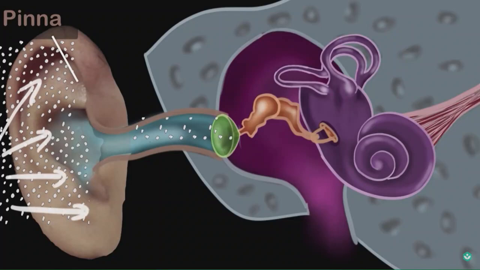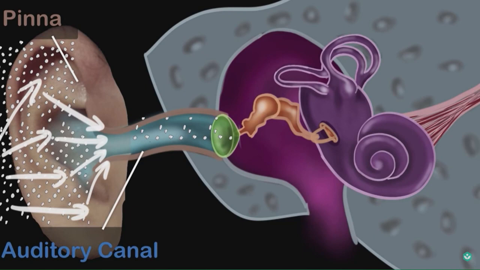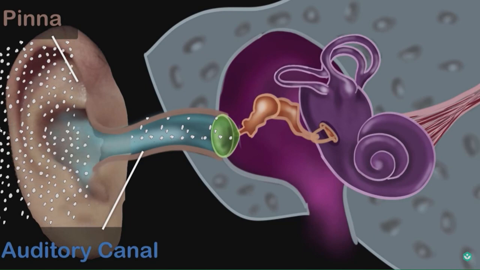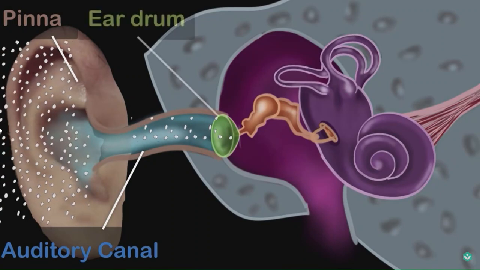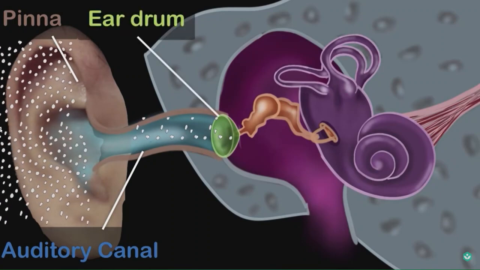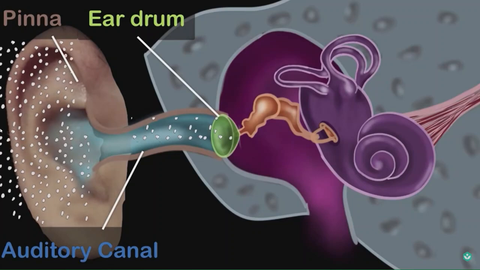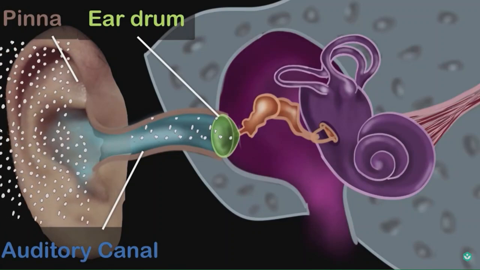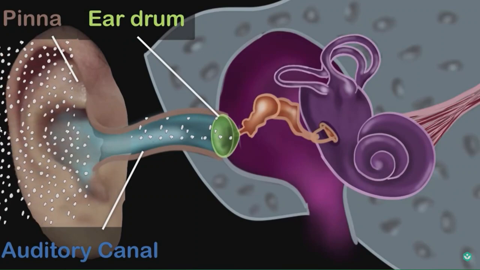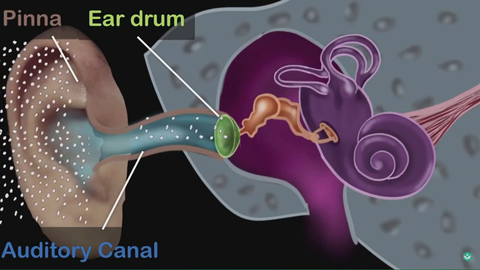The sound waves coming from a sound producing body are collected by the pinna of outer ear. These sound waves pass through the ear canal and fall on the eardrum. Sound waves consist of compressions, which are high pressure regions, and rarefactions, which are low pressure regions.